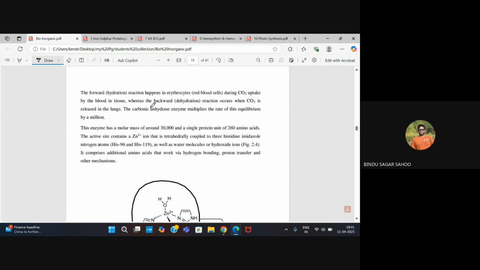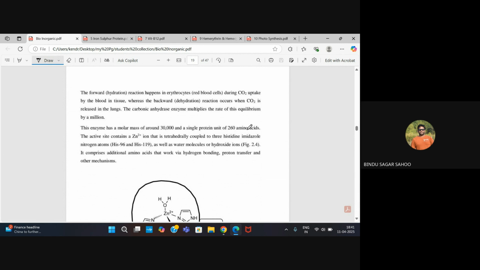The carbonic anhydrase enzyme multiplies the rate of equilibrium by a million times. That means it has a good turnover frequency. Turnover frequency means you can use a particular catalyst or enzyme several times for a single function. Its molecular mass is 30,000 and it contains 240 to 260 amino acids.